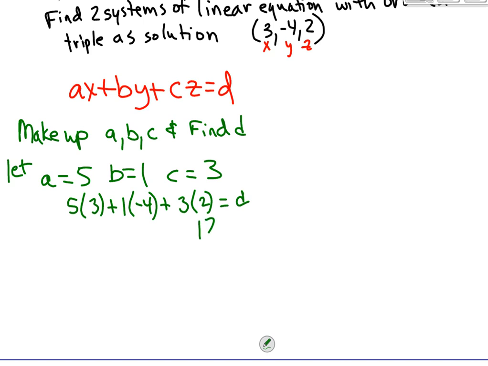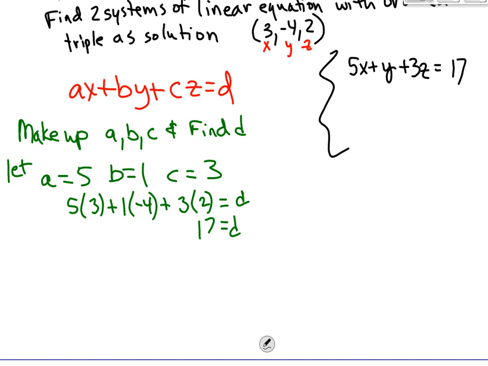So 17 equals D. So that gives me, in my system that I'm going to use, my first equation, which is going to be 5x plus 1y, which is just y, plus 3z equals 17.